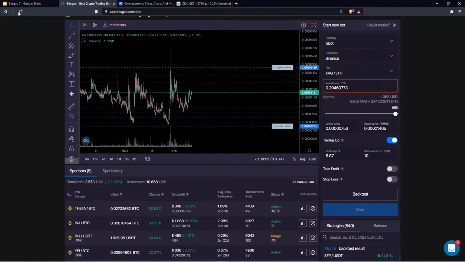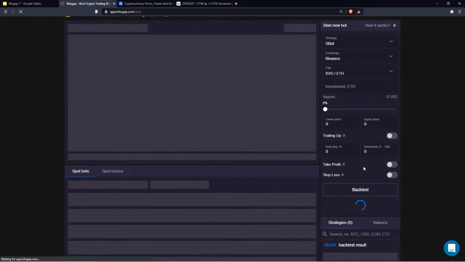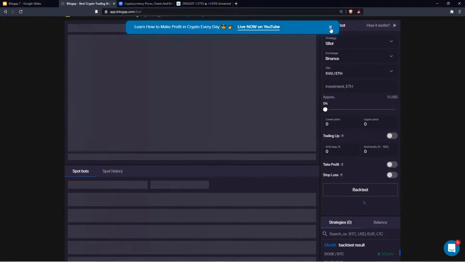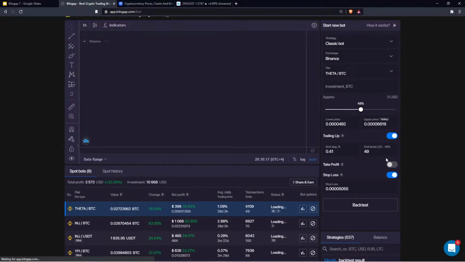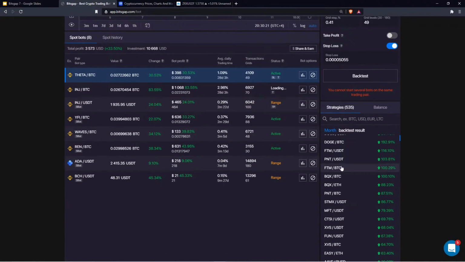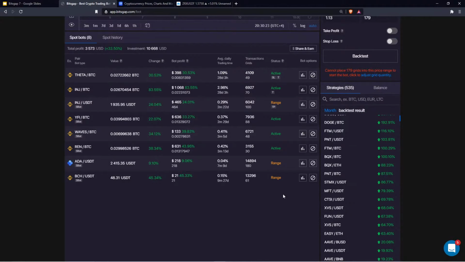Let's actually refresh the page, because it should show you the adjust grid quantity button here. So let's choose, let's say, FTM to Bitcoin.